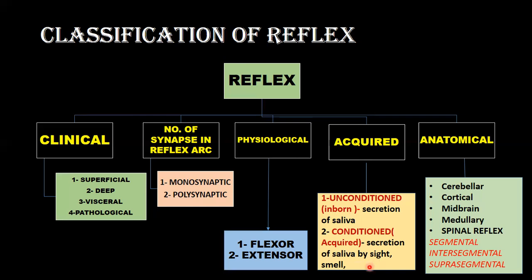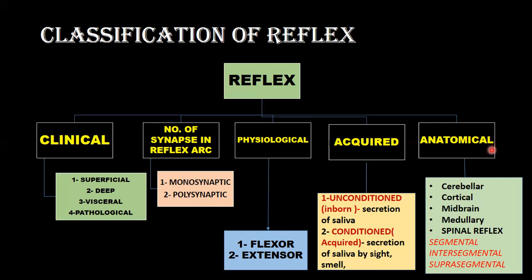So this is what is known as the acquired. The acquired reflex is also termed the conditioned reflex. So do not get confused, because in a few textbooks it is written as acquired and somewhere it is put as conditioned. So both are the same thing.